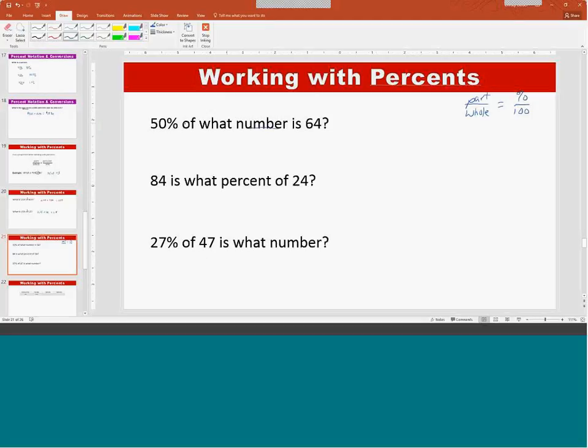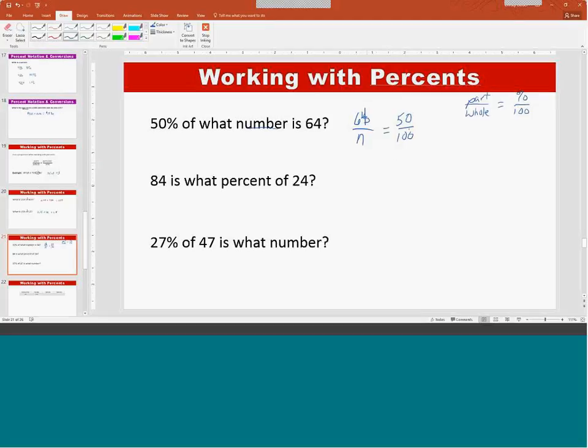The number that we're multiplying 50% to is the whole, so we need to know the whole number. So 64 over what number? Equals 50 over 100.